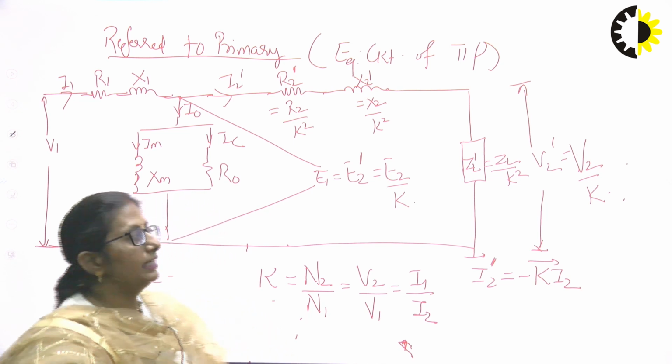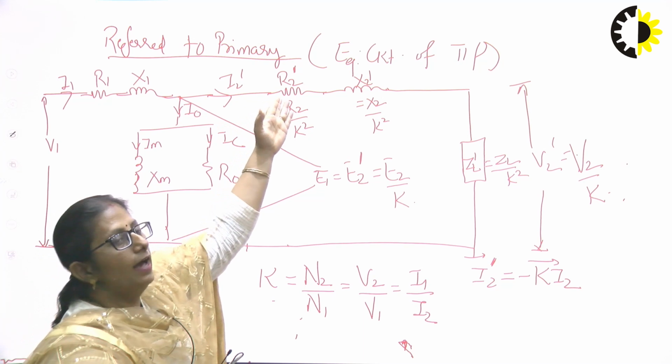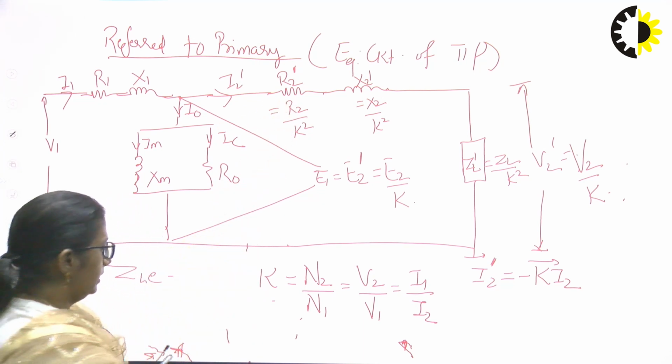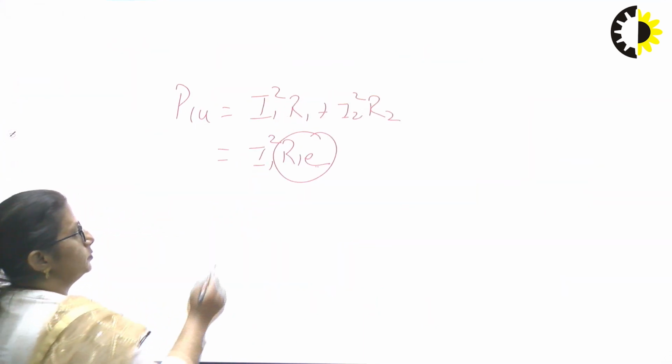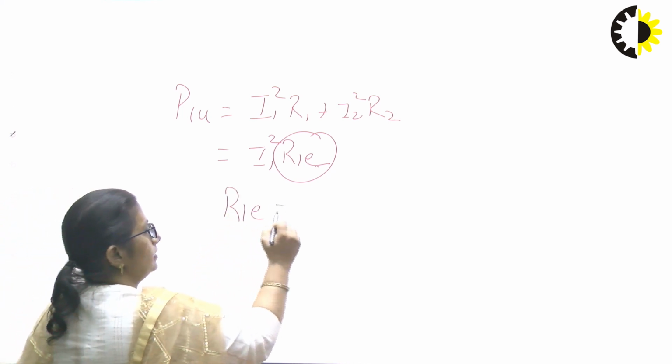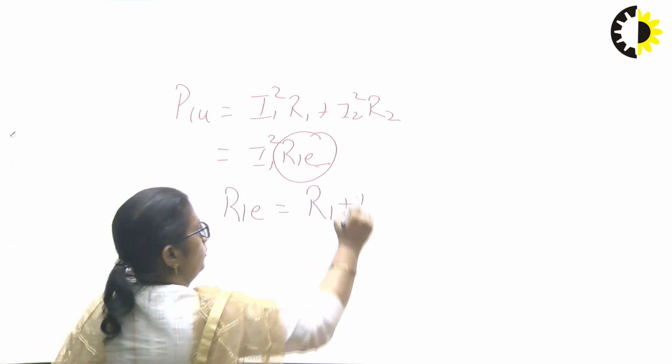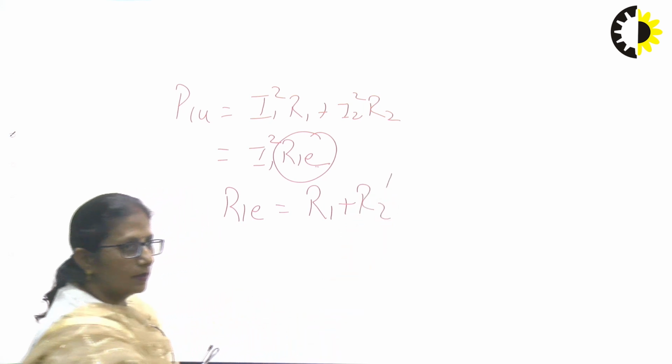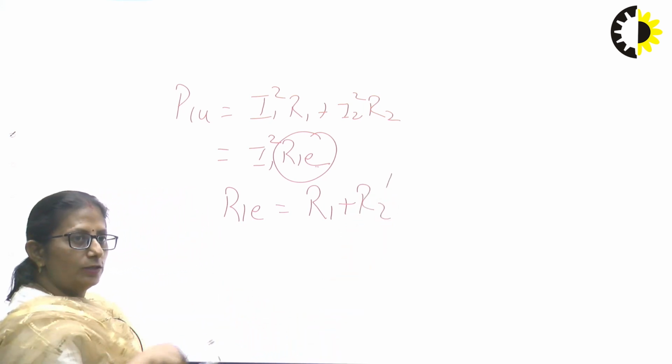But if you just see, I can go for R1E. What is R1E? It is the equivalent resistance of the transformer referred towards primary, and this R1E is given by R1 plus R2 dash. That means R2 dash is being added to R1.